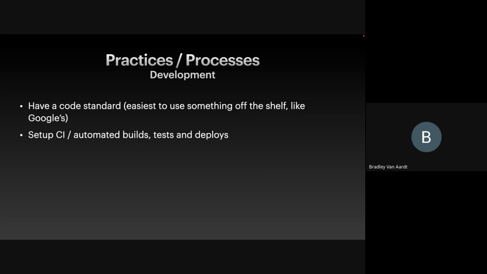If you don't use CI, you'll need to have a documented process somehow to show that you actually are doing activities like testing and proving when things get deployed and who's got access to deploy it.